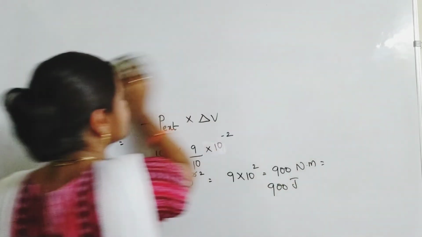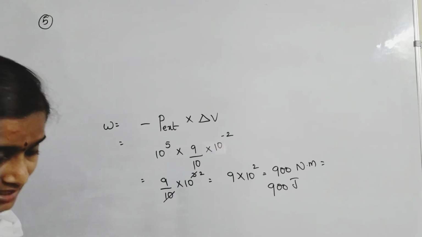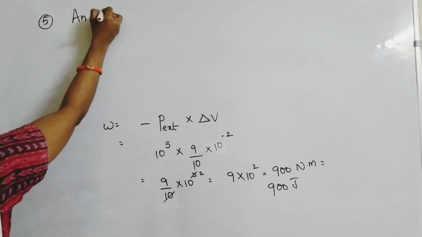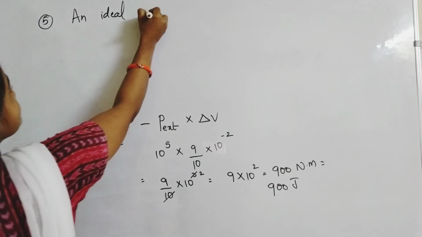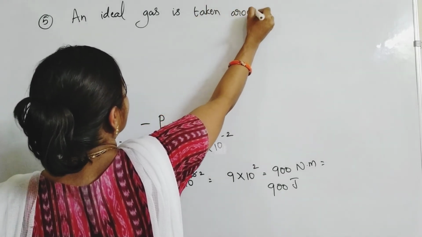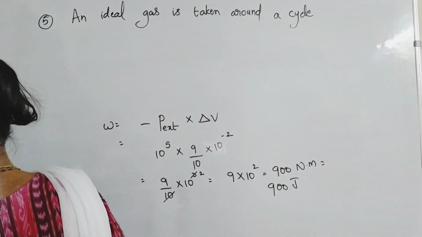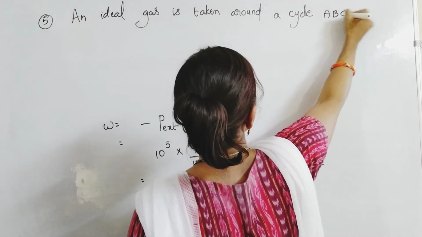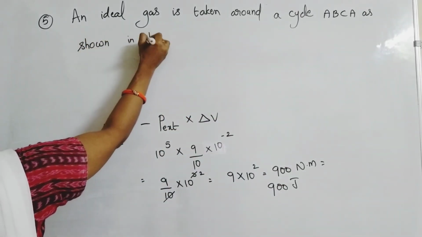Okay, question number 5. An ideal gas is taken around a cycle ABCA as shown in the figure.